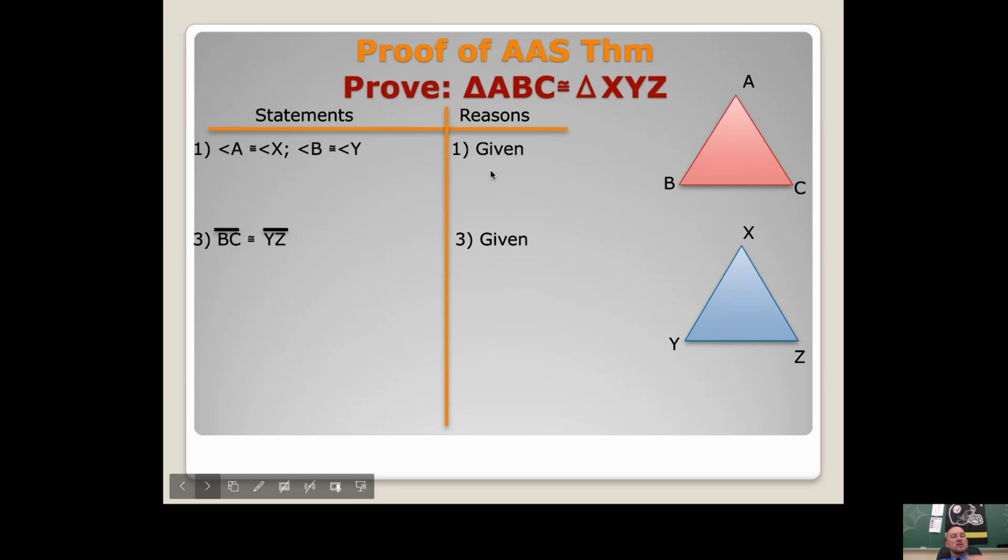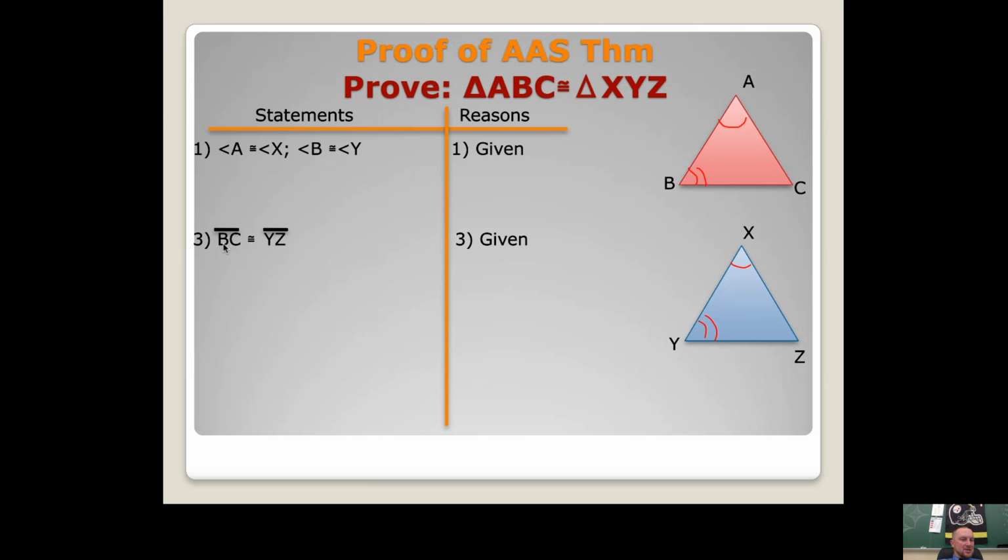Okay, again, notice how the givens are already written in there for us. It's really nice. It saves me some time. They're telling me angle A is congruent to angle X. So that's a pair of congruent angles. Angle B is congruent to angle Y. That's another pair of congruent angles. That's given.